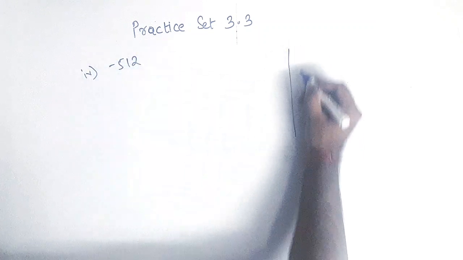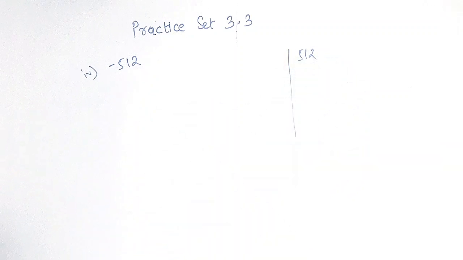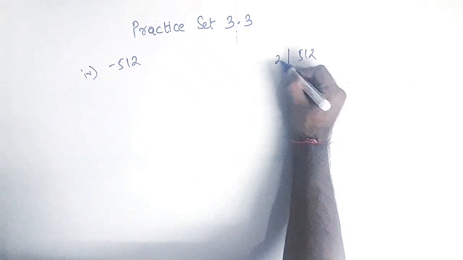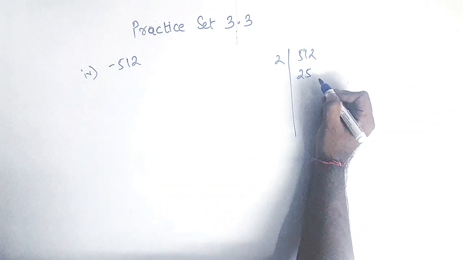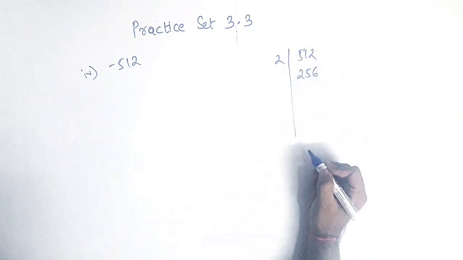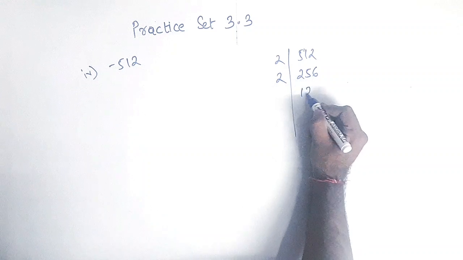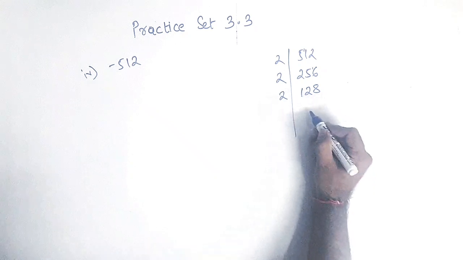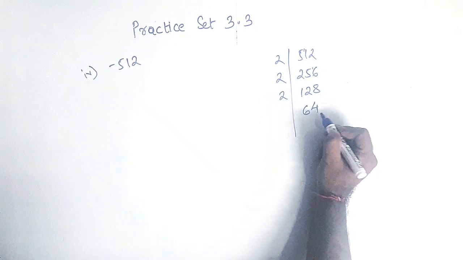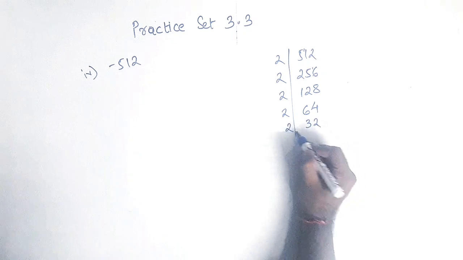Now for 512, I'll solve it without taking the negative sign. The sign we'll see afterwards. 2 twos are 4, 1 remains, 2 fives are 10, 1 remains, 2 sixes are 12. Again 2 ones are 2, 2 twos are 4, 1 remains, 2 eights are 16, 2 sixes are 12, 2 fours are 8, 2 twos are 4 and 2 ones are 2.